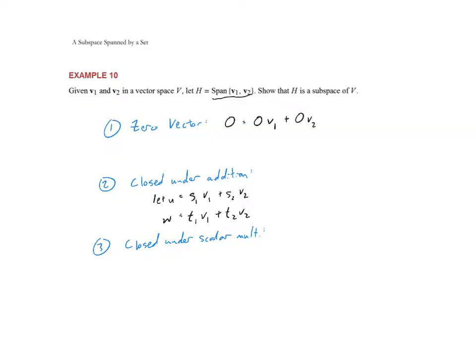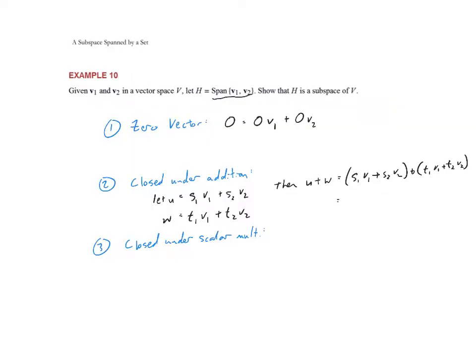Well, then u plus w is equal to, now I could just write them again. Well, no, I will actually write them again for this step. So that is s1 v1 plus s2 v2 plus t1 v1 plus t2 v2.